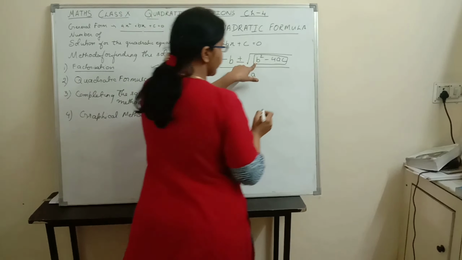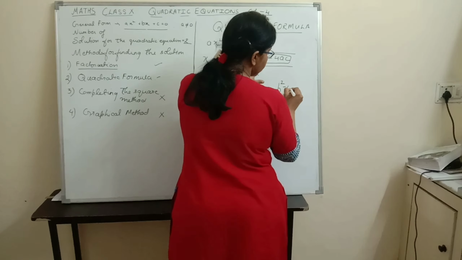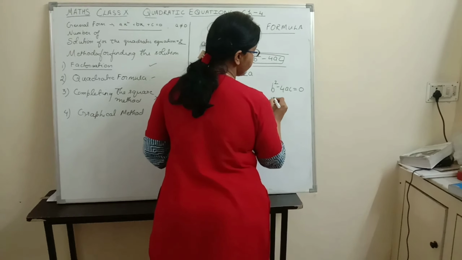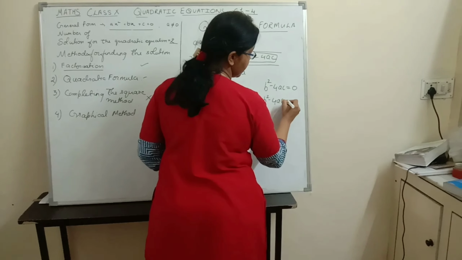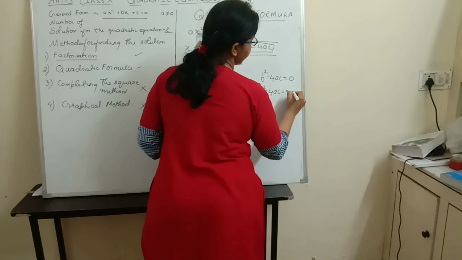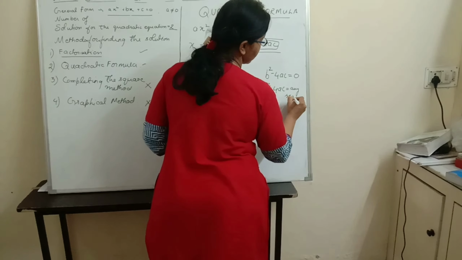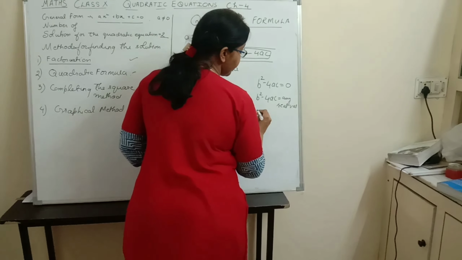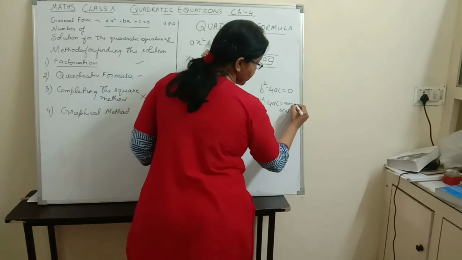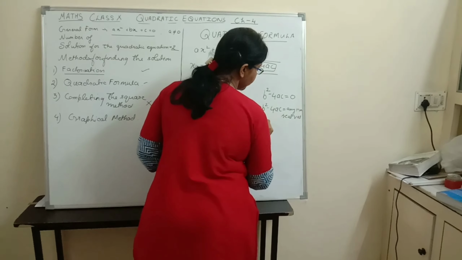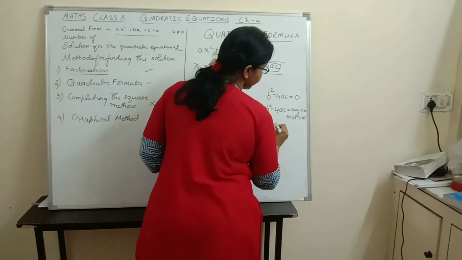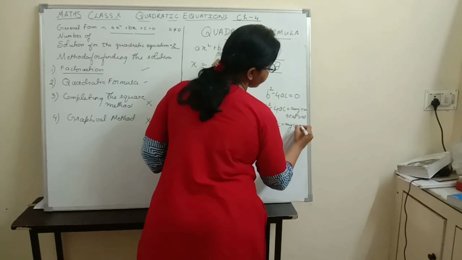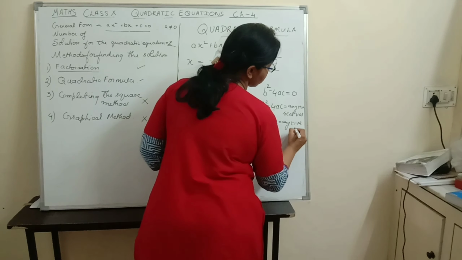This value b square minus 4ac can be equal to 0, or any positive real value, or any negative number also.